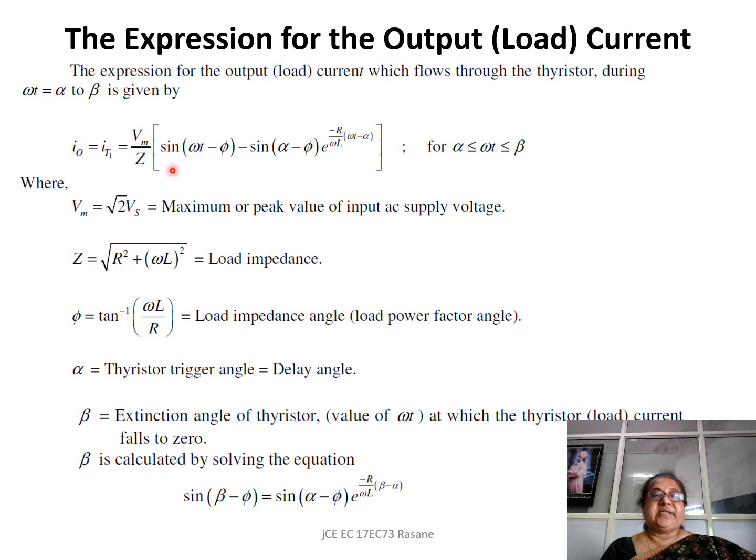So if I substitute, I'll get sine of beta minus phi equal to sine of alpha minus phi e to the power of minus R upon omega L into, again substituting omega t as beta, beta minus alpha. So we are trying to get the angle beta as well.